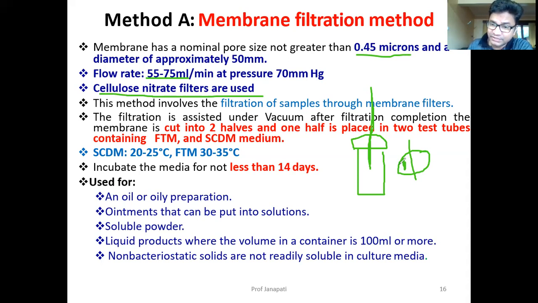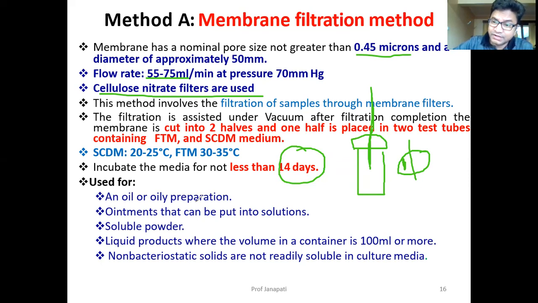Once the filter paper is cut, you place it in that media and incubate it for 14 days to check whether the microorganisms are grown or not. Within 14 days, if no microorganisms are grown, then the product passes the test. The products which can be sterilized by filtration methods are oils, oily preparations, for example vitamin K, all vitamins.